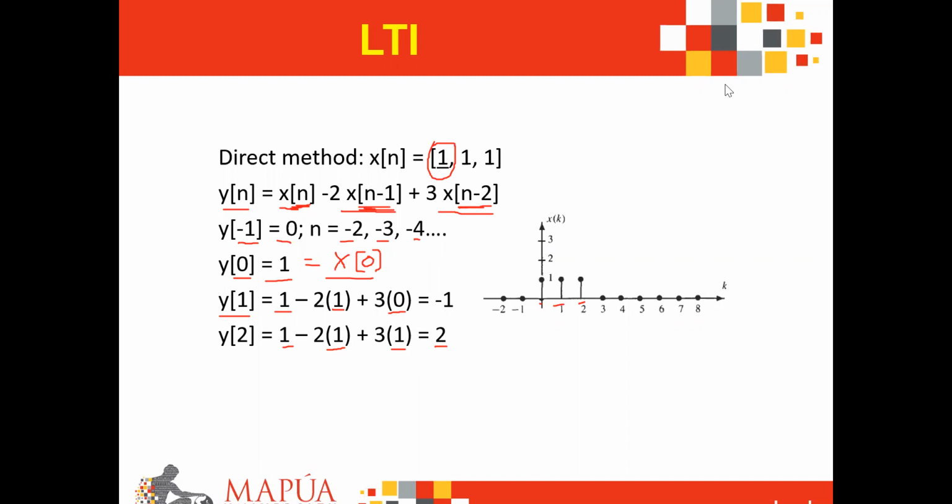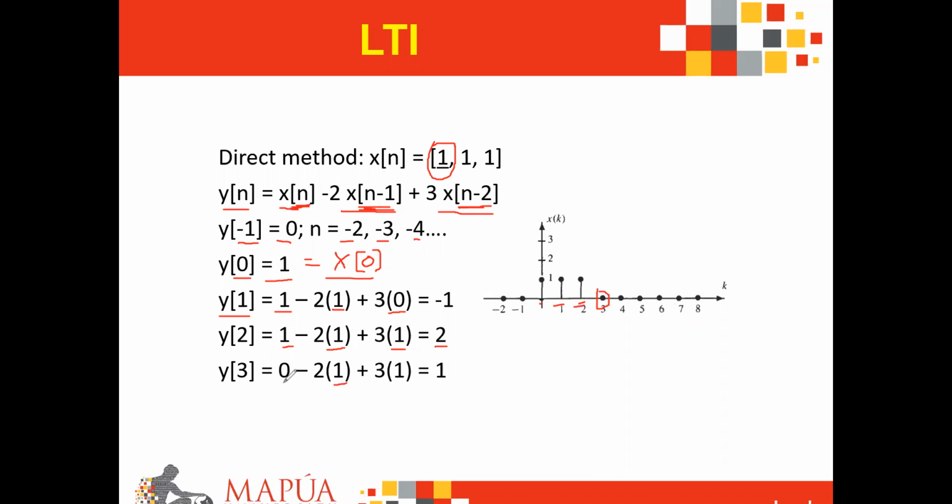And we'll continue the process for n equal to 3. At n equal to 3, what would be our output y? At n equal to 3, this would be x at 3, but this value becomes 0. There is no x at 3, because the amplitude at x at 3 is 0. So 3 minus 1 would be x at 2, and we know that at x at 2, the value is 1.